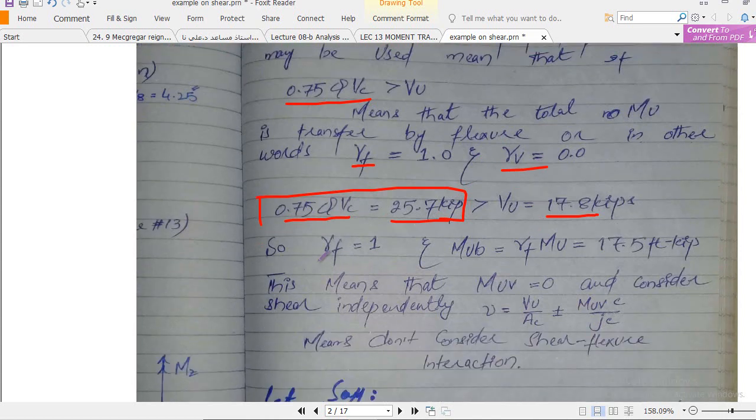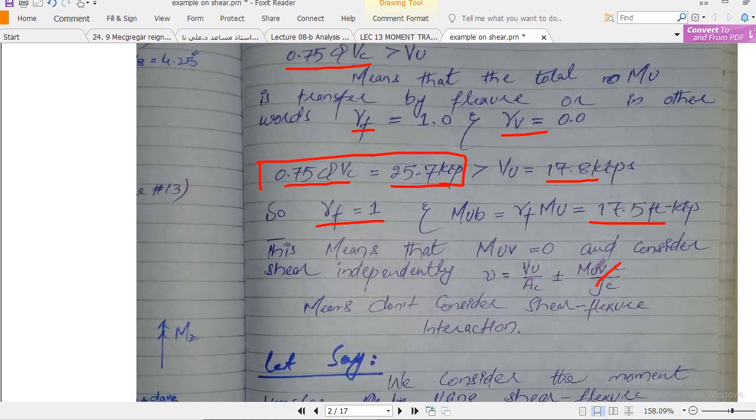So we consider gamma f equal to 1, and the total unbalanced moment is transferred by the flexure. This means that Muv equals 0 and we consider shear independently, so this term reaches 0. Now your shear stress will only be determined by Vu divided by Ac.